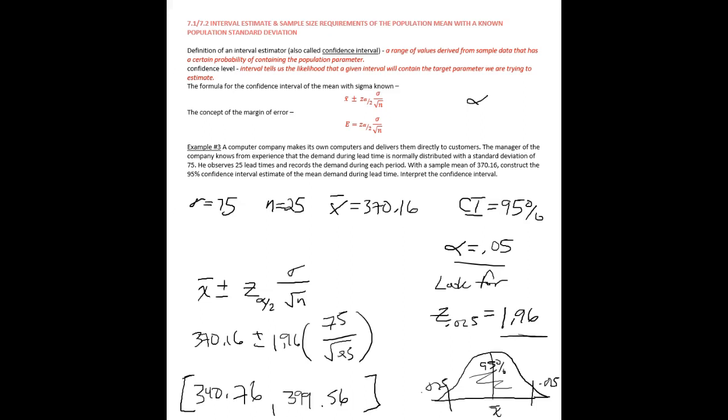So that's where we think the actual population mean is, with 95% confidence. And we know that 5% of the time we're going to be wrong. Okay, but 95% of the time we're going to be correct. So it's kind of a big interval, right? So we don't know with a lot of confidence what the actual number is, but we know with 95% confidence that it's in this interval.